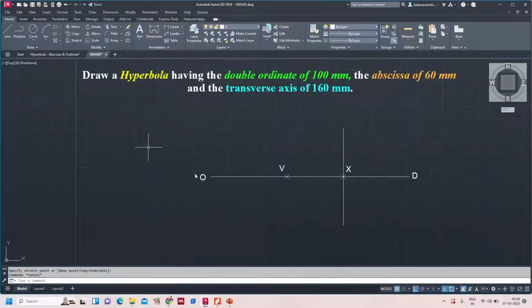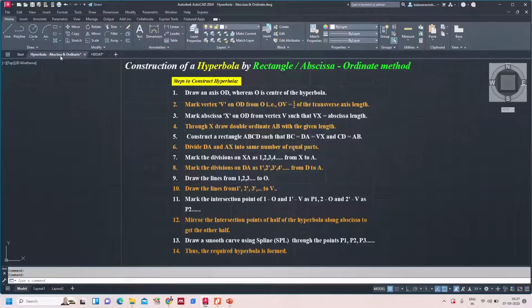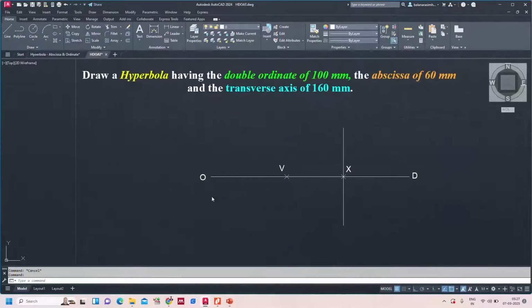Next, we need to place the double ordinate through X, not the vertex V here. Next, construct a rectangle ABCD such that BC equals DA equals VX and CD equals AB.